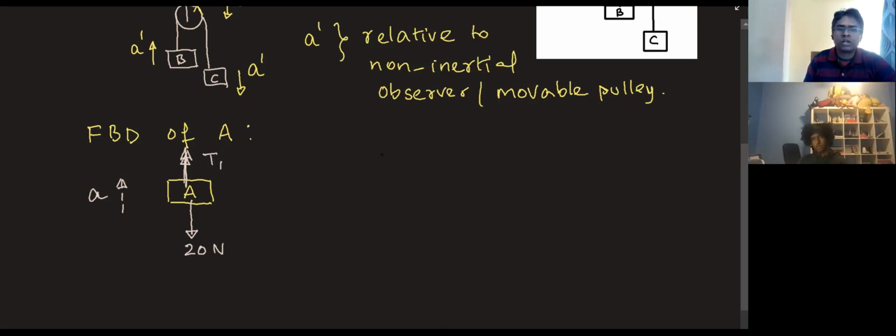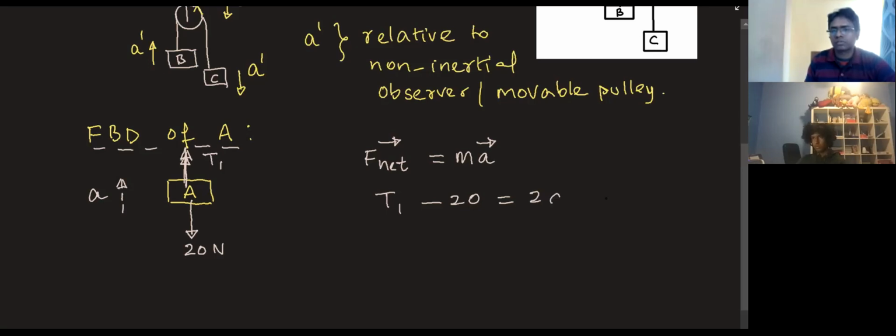I think we are done with the FBD of A. Using Newton's second law, net force is equal to mass into acceleration. T1 upwards, taking positive here, minus 20 is equal to mass into acceleration, so 2 into A. This is the first equation that we have.